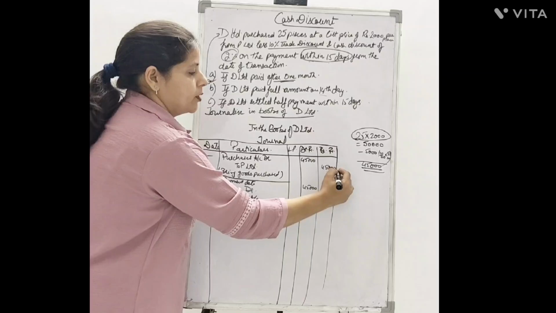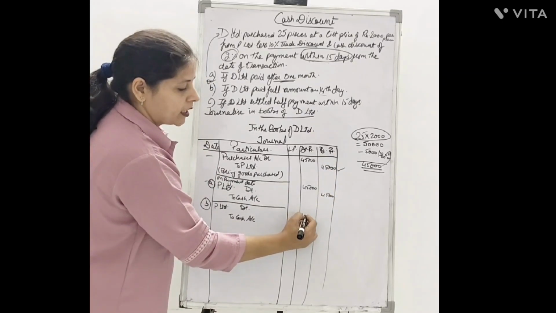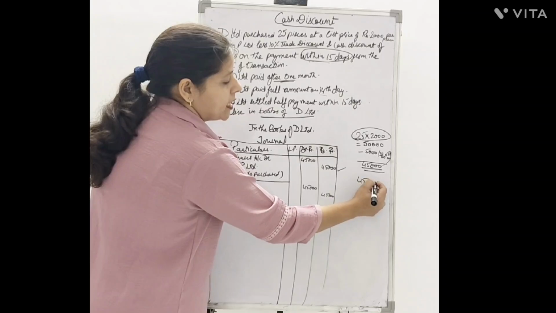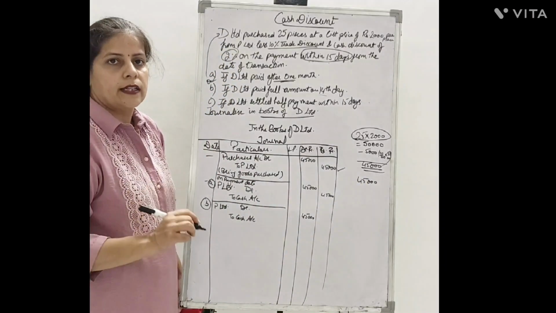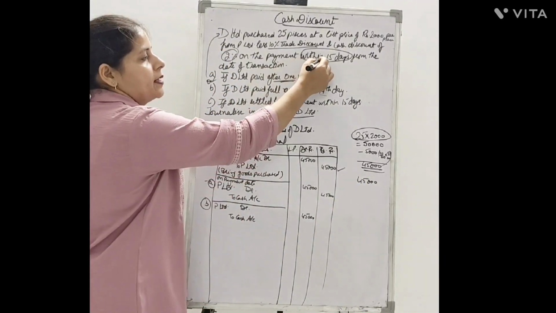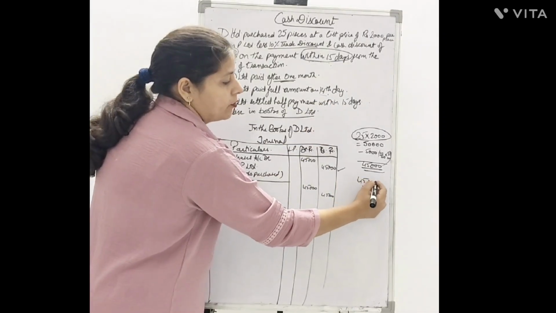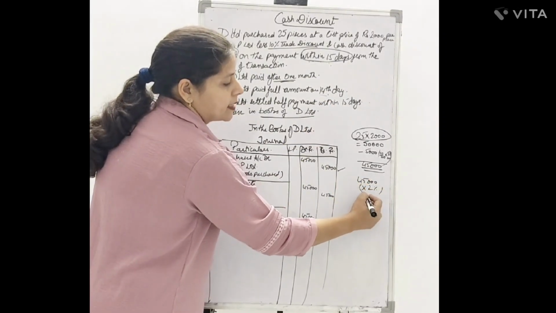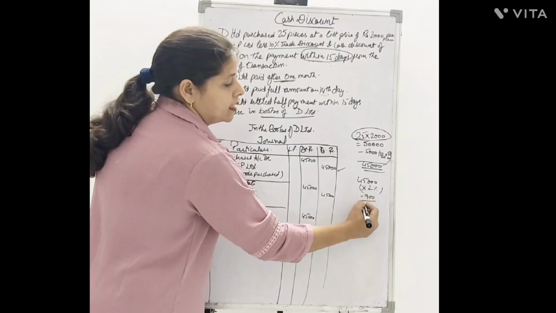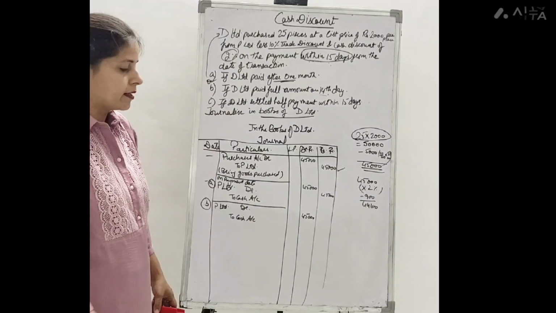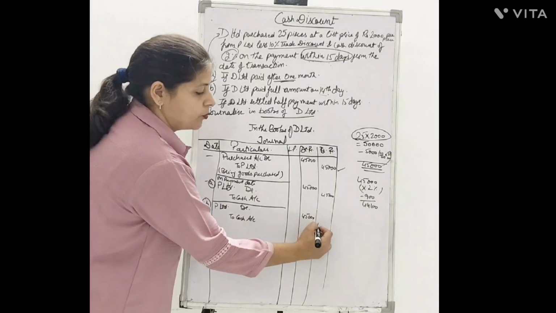How much was payable to P Limited? That was 45,000. We asked him to allow us a 2% discount because payment is within 15 days. So 2% of 45,000 becomes 900 rupees. How much payment was made? 44,100.